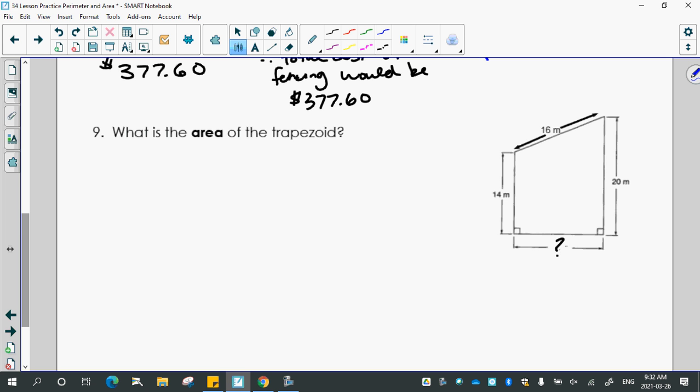Okay, what is the area of the trapezoid? So, you have a formula on your formula sheet for trapezoids. Do you see it? And it looks like this.